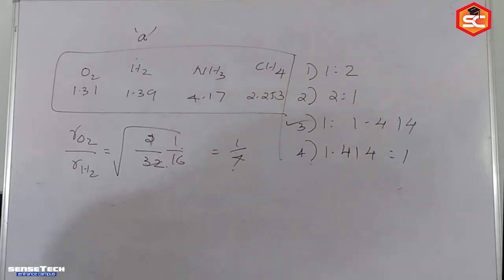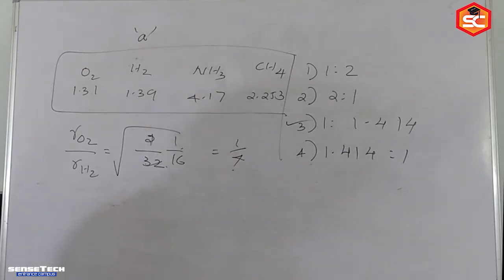Then next question. Maximum deviation from ideal gas is expected from which gas? The options are hydrogen, nitrogen, methane, ammonia.